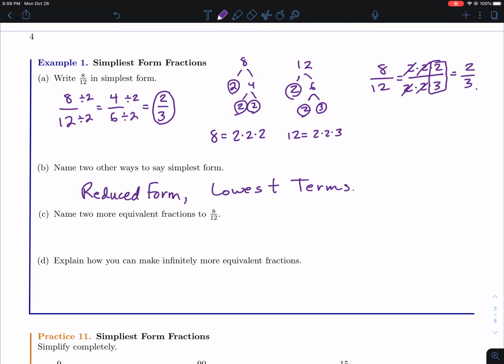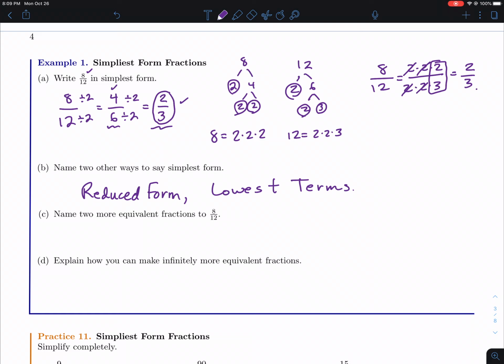So the main thing to remember is 2/3 and 8/12 are equivalent fractions, same as 4/6 technically is an equivalent fraction. So we started off with 8/12, and because of the way we simplified this, we actually made 2 other equivalent fractions to 8/12. So keep that in mind. In this case, name 2 more equivalent fractions.